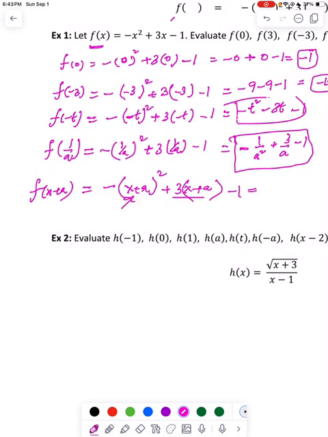Okay. So the first expression, I have to know what is x plus a whole square. I have to know that, right? So I can keep the negative out, and in parentheses, on the side, I'll multiply x plus a by x plus a and find out what I get if you don't know the formula.